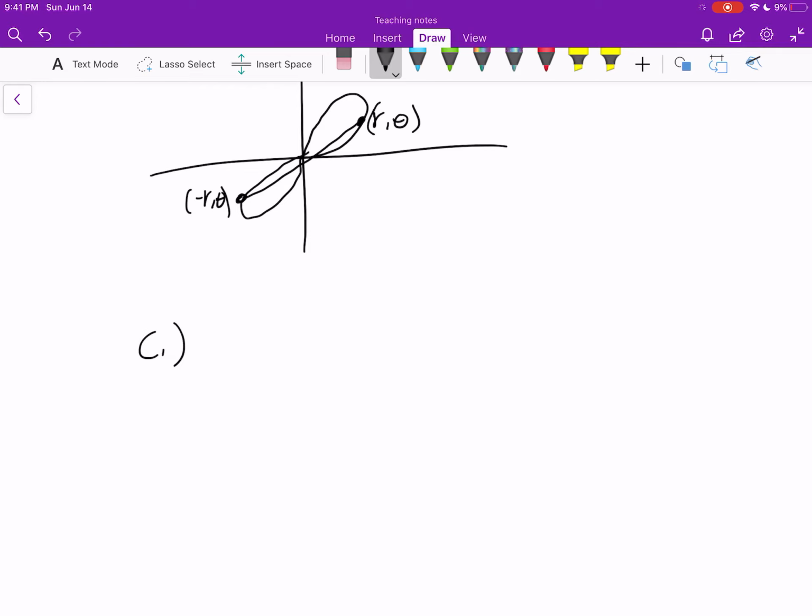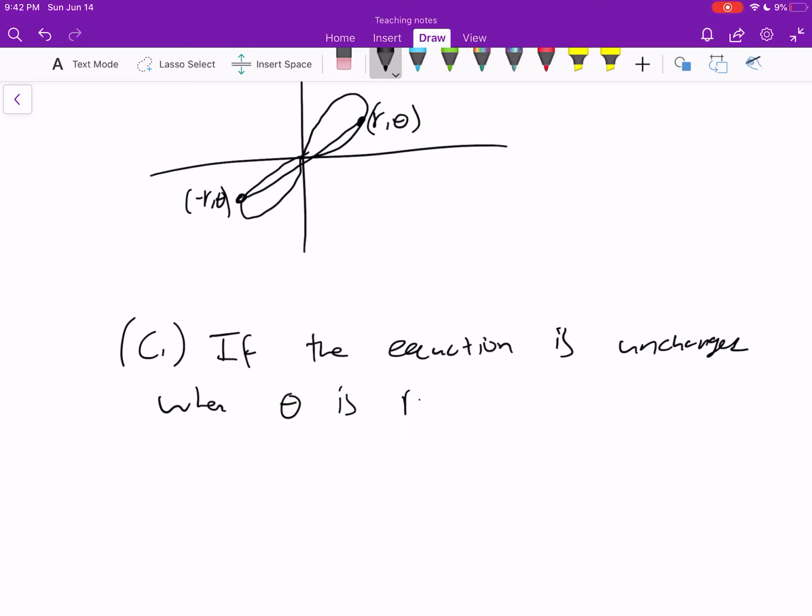Part C. This one's a little easier to imagine. If the equation is unchanged when theta is replaced by pi minus theta, the curve is symmetric about theta equals pi over 2. So these are like our even and odd rules.